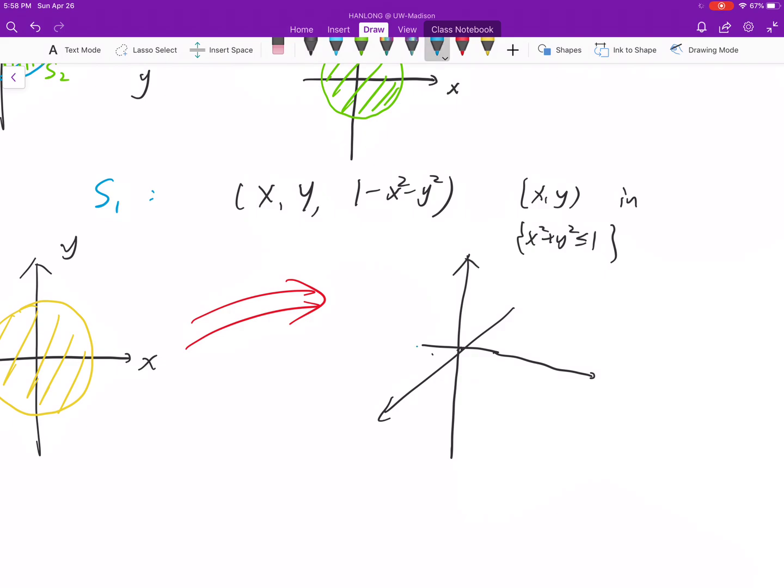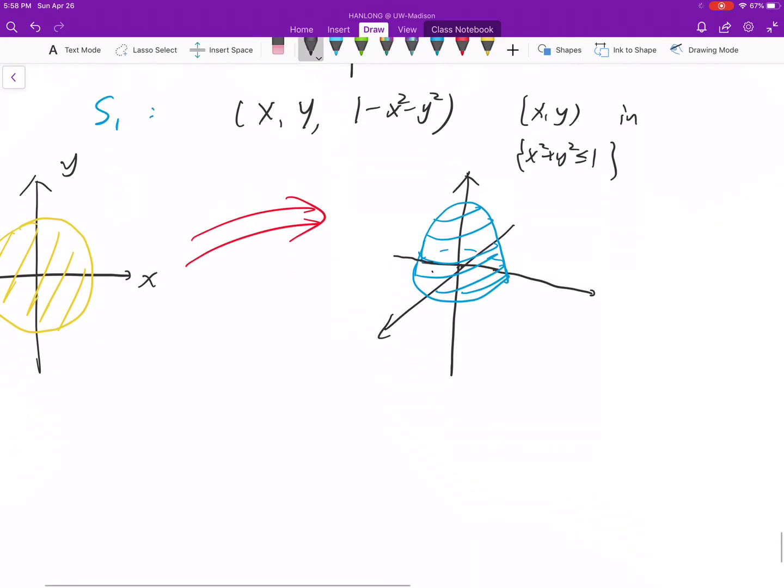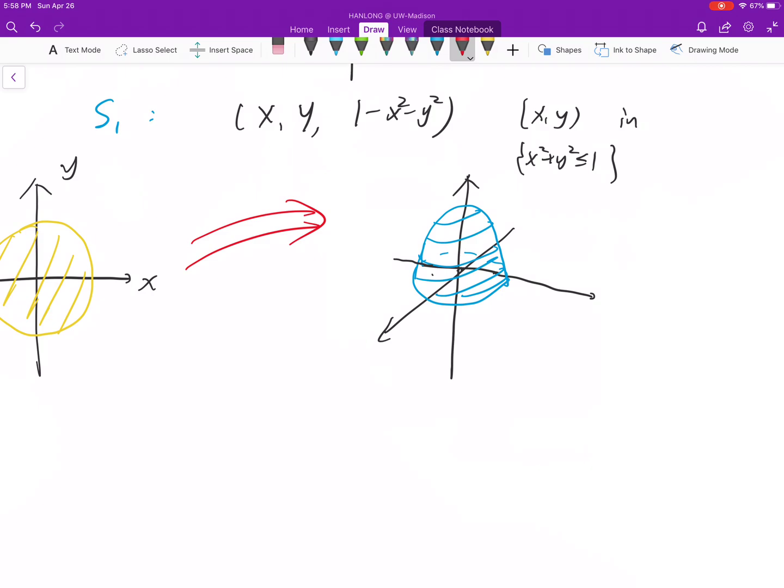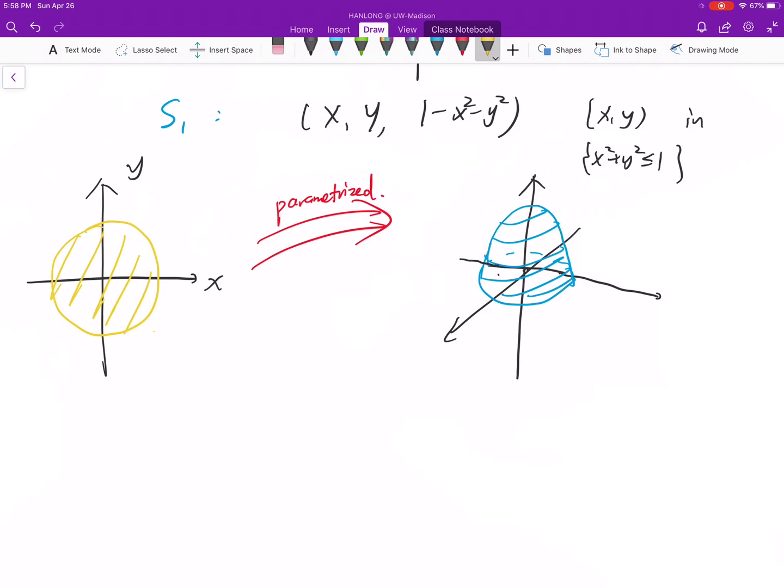And here the equation is x squared plus y squared less than or equal to 1.